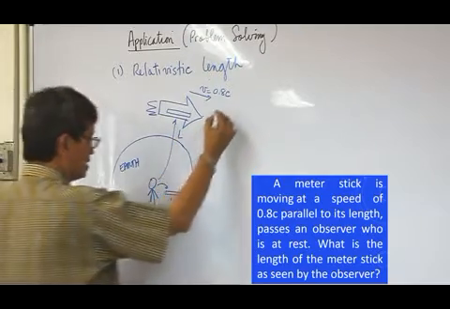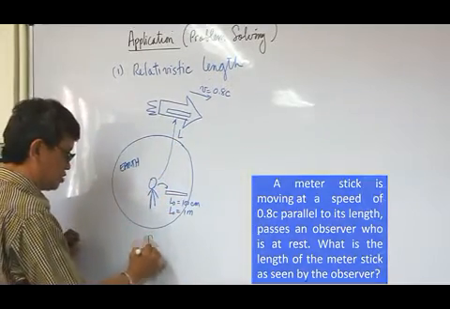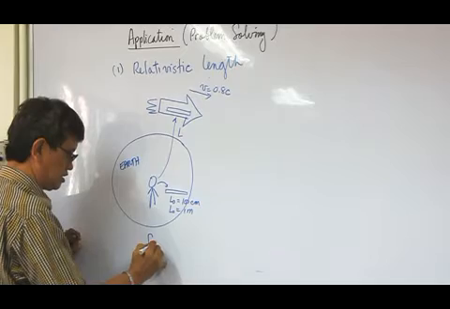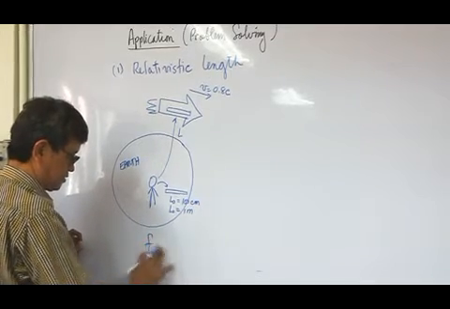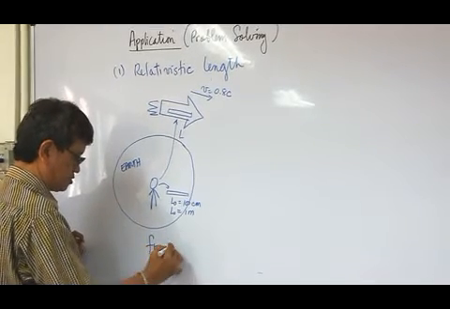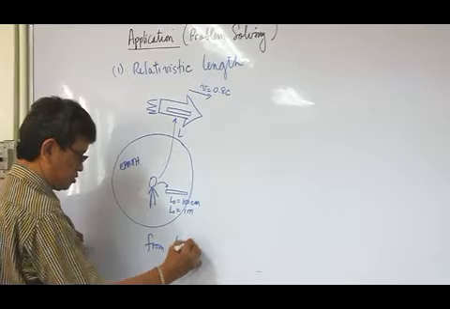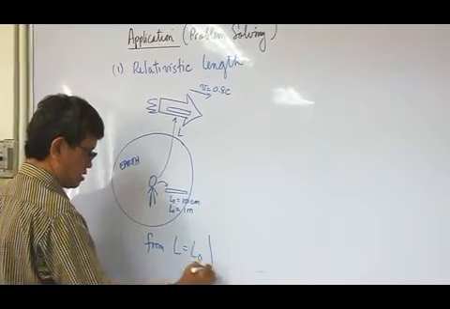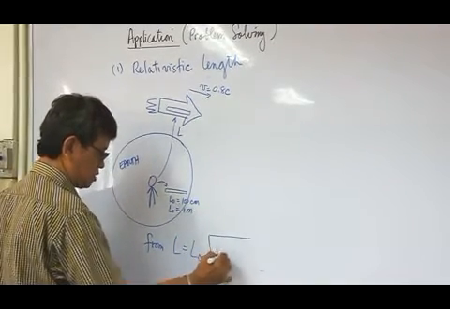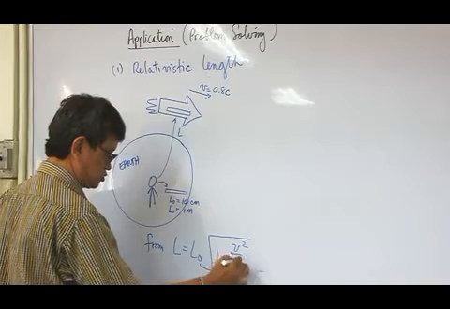So, if we apply the length contraction formula to solve for the new length of the meter stick, L will be equal to L sub O multiplied by the square root of 1 minus v squared over c squared.